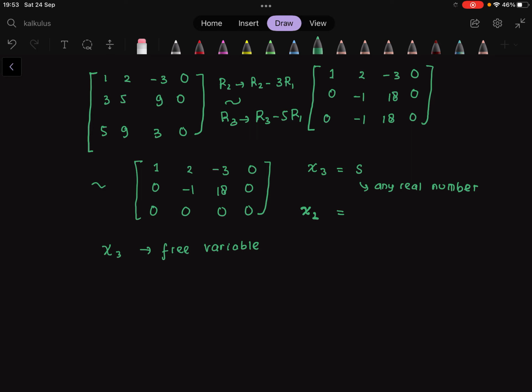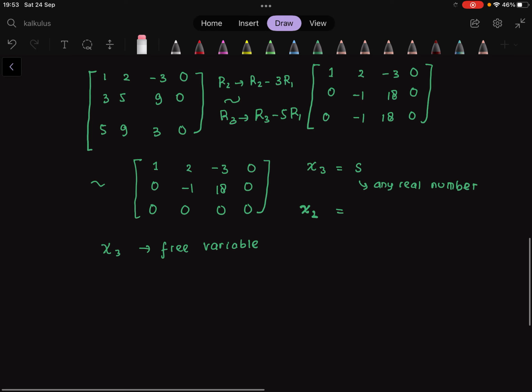So here we have -x2 + 18x3 = 0. So x2 is equal to 18x3, and because we already write x3 as s, this is 18s.